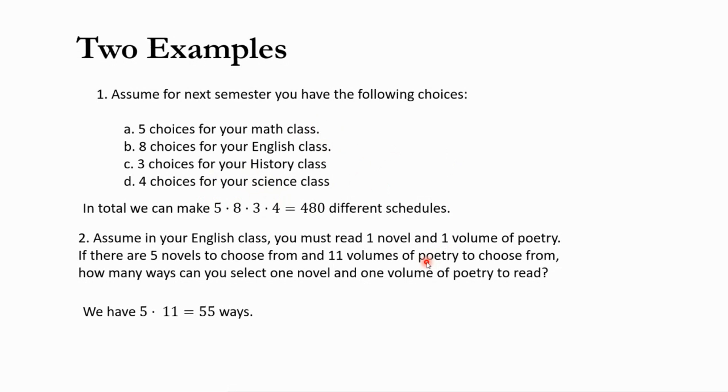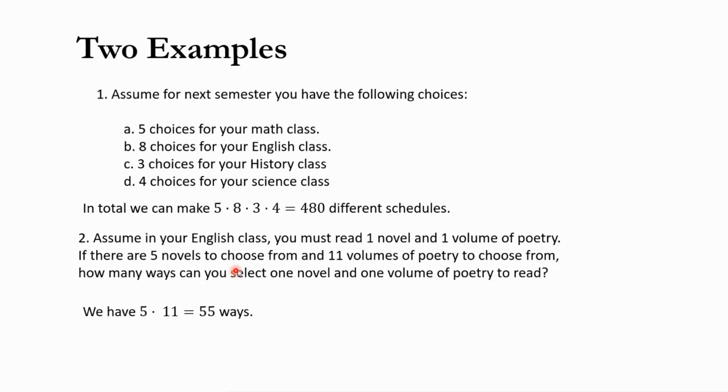So let's say in your English class that you're taking, it turns out you have to read a novel and a volume of poetry in that class. Well, if there are 5 novels you can choose from and 11 volumes of poetry you can choose from, how many ways can you select a novel and a volume of poetry?